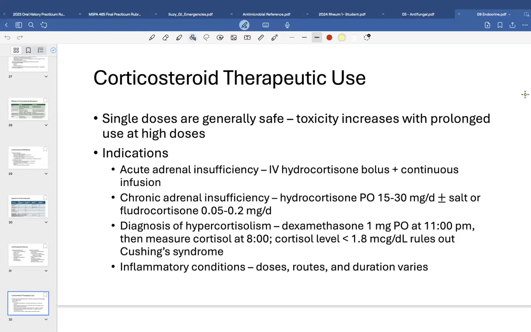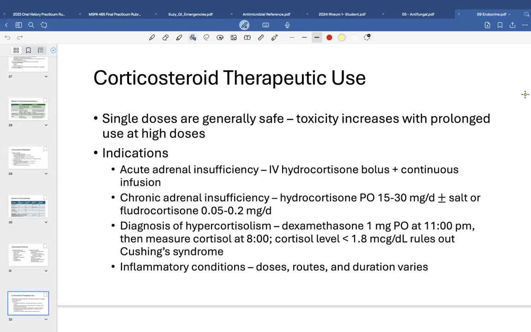In chronic adrenal insufficiency, basically you need to have the patient take a daily dose of both hydrocortisone for its glucocorticoid activity, and fludrocortisone for its mineralocorticoid activity. That is continuous.